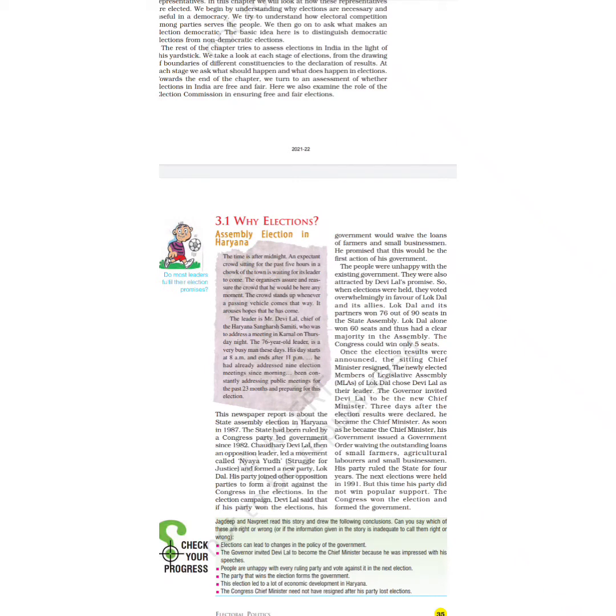So they voted for Lok Dal, and at the end we can see that Lok Dal won 76 seats out of 90, so they have won the majority. Out of those, Lok Dal alone won 60 seats, so they had a clear majority in the assembly.